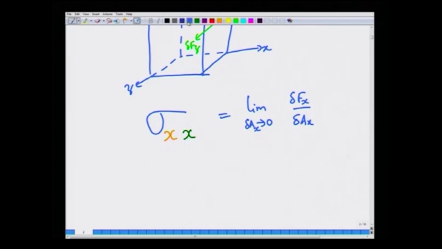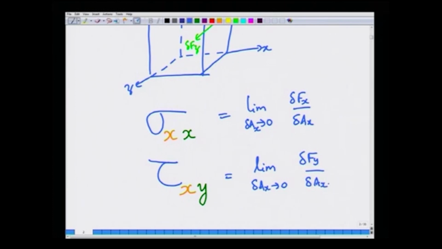The shear stresses are usually denoted by the Greek symbol tau. Now I am going to use 2 colors for the 2 subscripts. Tau x y is equal to the limit as delta A x tending to 0, because that is the face we are considering, but the force is now in the y direction.